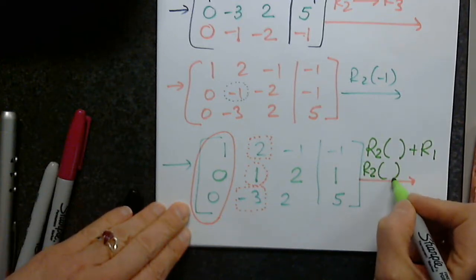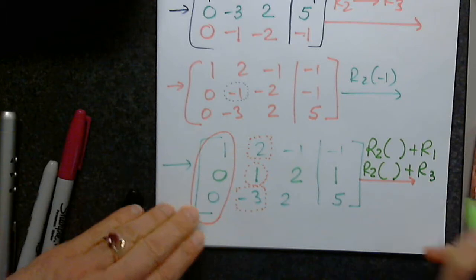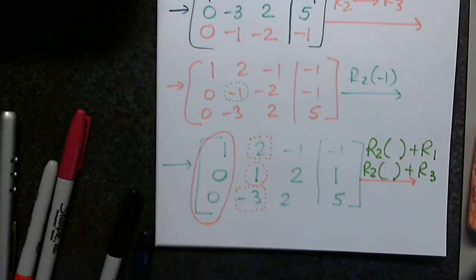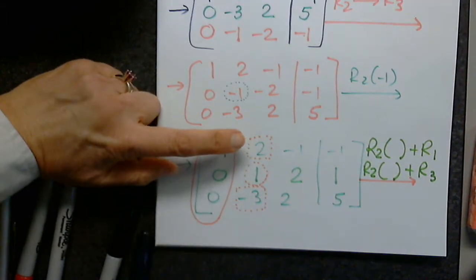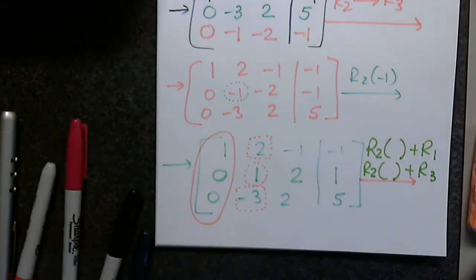Row 2 will be multiplied by what and added to row 3? What will you tell me to multiply row 2 by? We wrote that last time. We can never multiply anything by a 0 number. Ever, ever, ever.